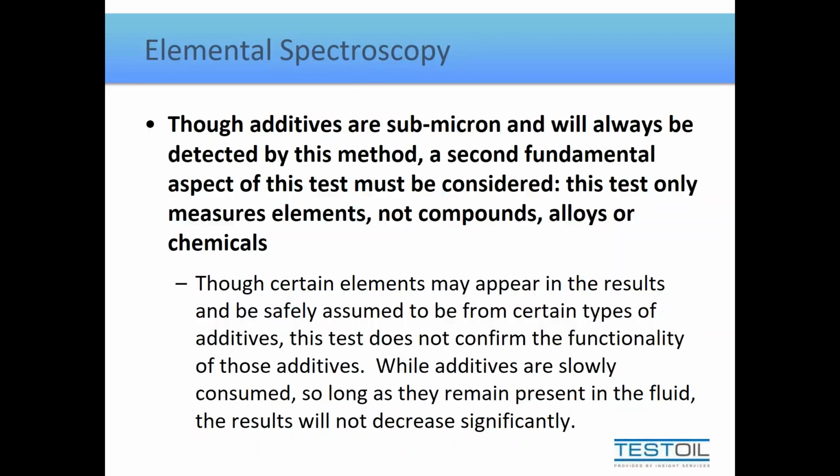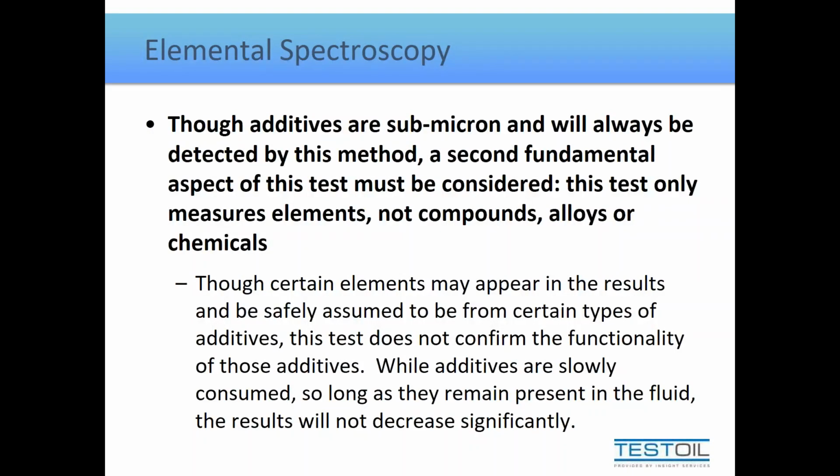So understand that when we're measuring additives, we're seeing the parts of the additive, the pieces that make up the additive. So it's possible in some of these grease samples, the additive may be depleting, may be deteriorating, degrading, whatever word you want to use, but it's still there. And as long as it's there, it's measured and shows up on the report.